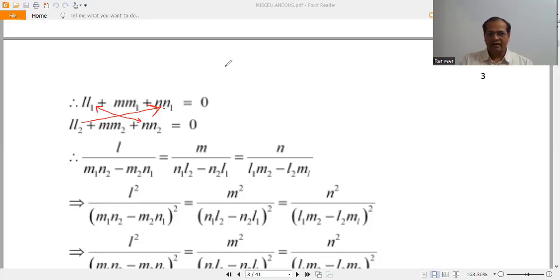And the third, n divided by l1 m2 minus l2 m1. This is the third value.